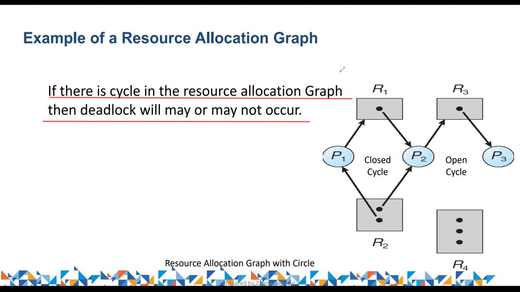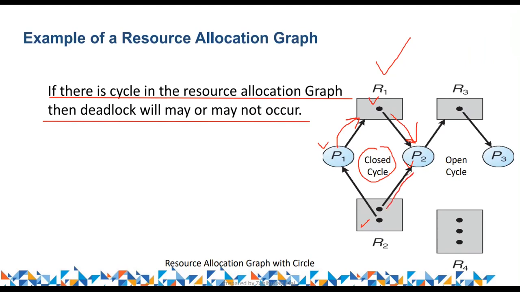So focus on this diagram. I have a circular shape here, a closed cycle. Why? Because I have R1, R2, P1 and P2. R1 is assigned to P2. P1 is waiting for R1. This R2 is a multi-instance resource.